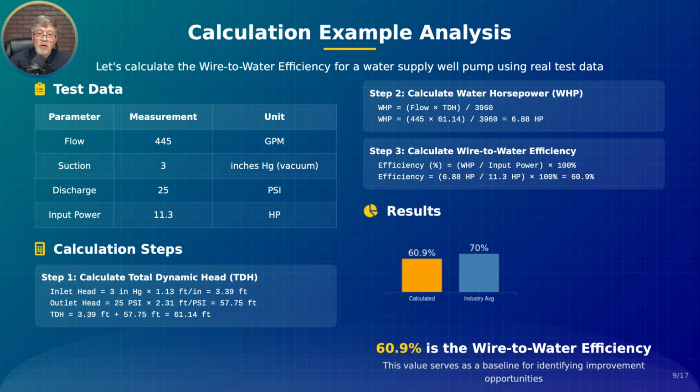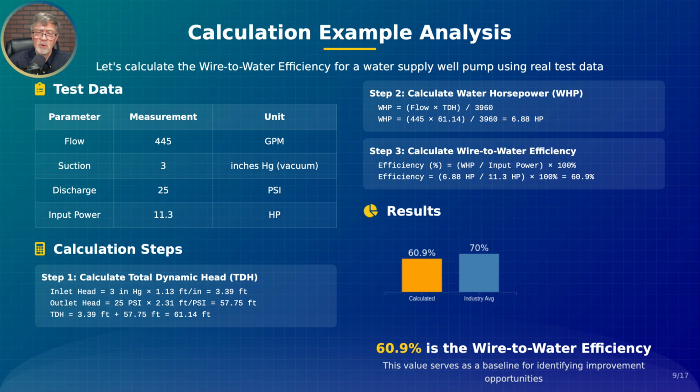Now we calculate our wire to water efficiency, as a percent: water horsepower divided by input power times 100. That's 6.88 horsepower divided by 11.3 horsepower times 100, which gives us a wire to water efficiency of 60.9%. The industry average is right around 70%, so you're in that range, and 60% is pretty much acceptable.